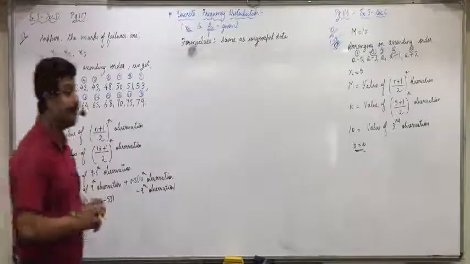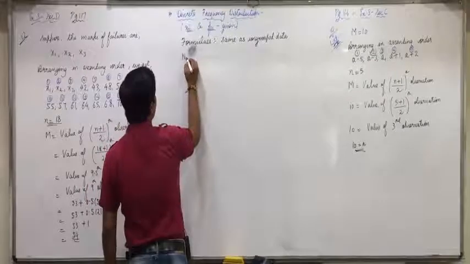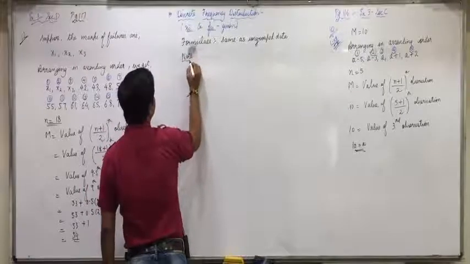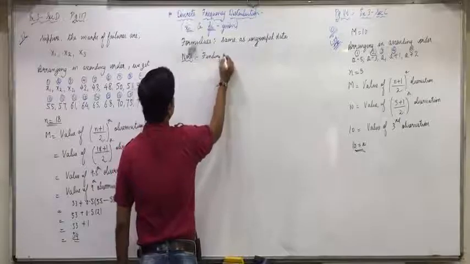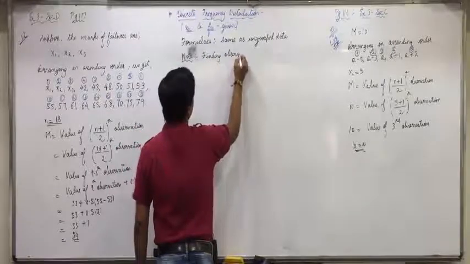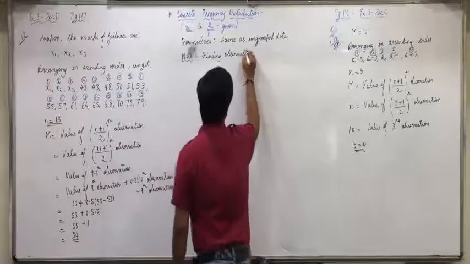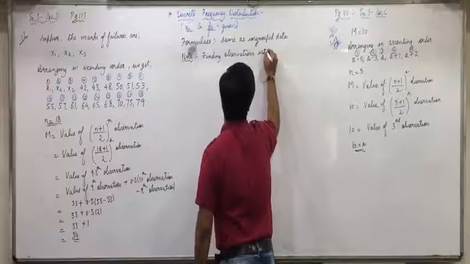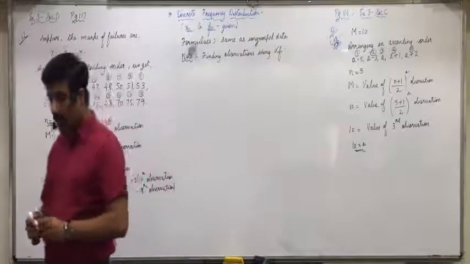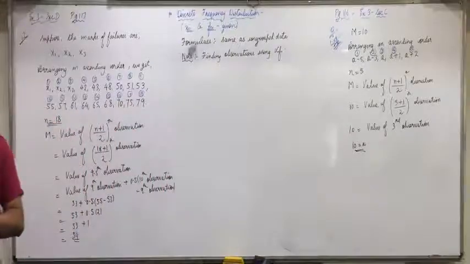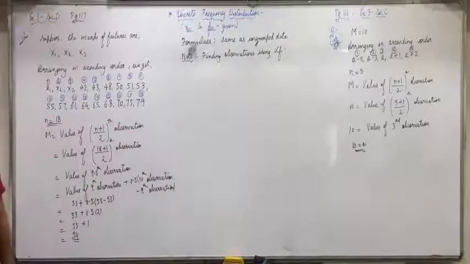Formulas are same, but we will be finding the observations using cumulative frequency, because directly observations will not be available in a frequency distribution. How to find it using cumulative frequency, I'll explain with the practical question itself.